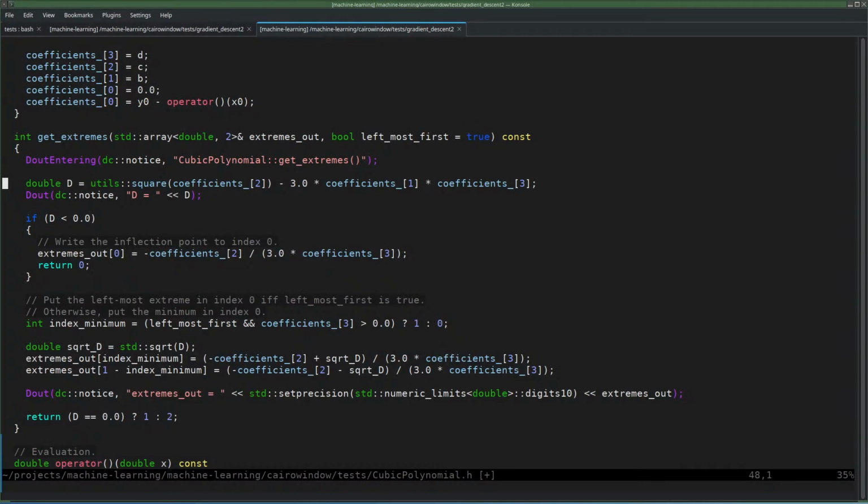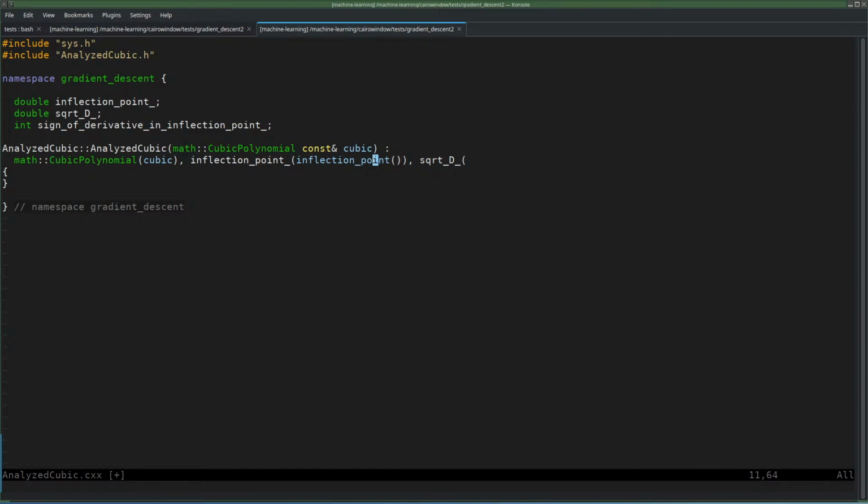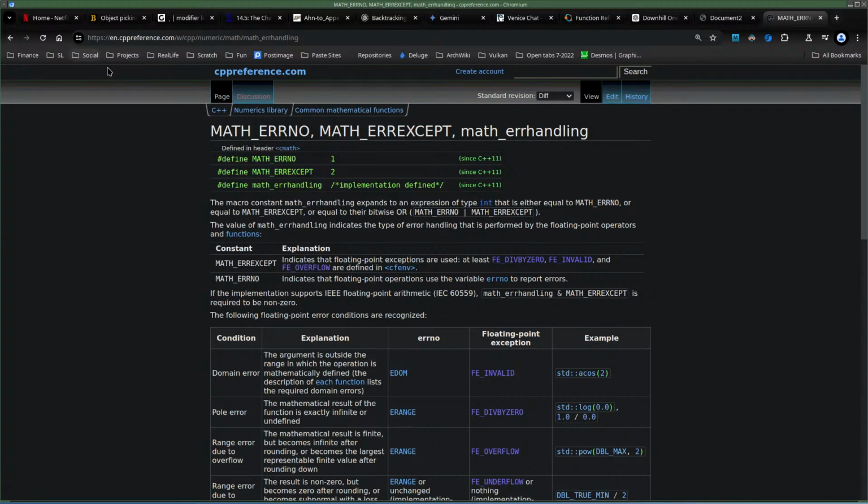Okay, so yeah, let's do it like this. I'm going to set it to standard not a number, that exists, right?